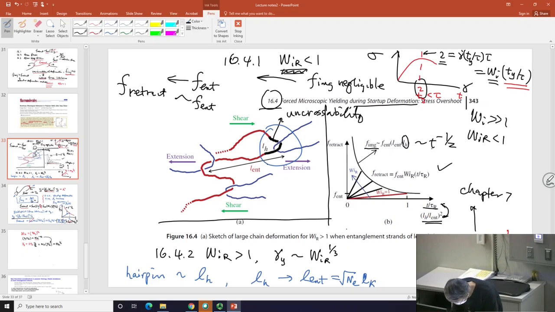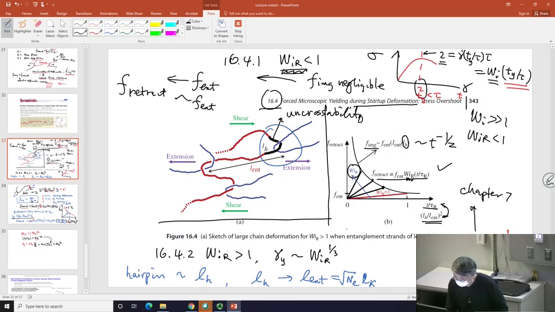And then the retraction force is very straightforward. It's just always linear in t. And the slope of that linearity is the Ross-Weissenberg number. That's why you have different slopes. That's why I draw for different chains, for different applied rates, they will intersect at different times.